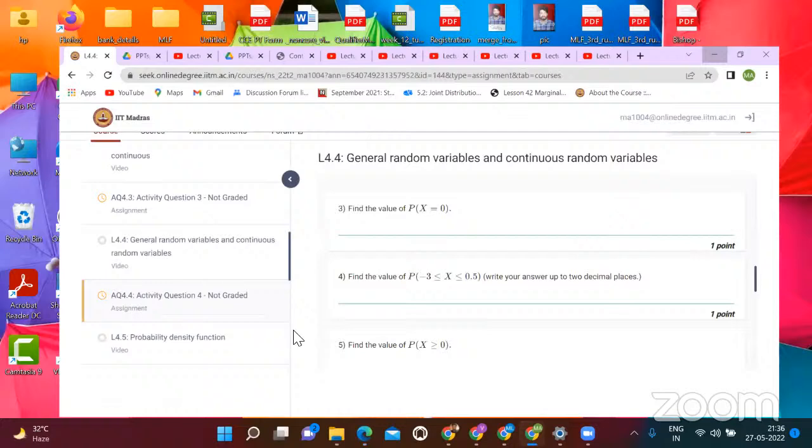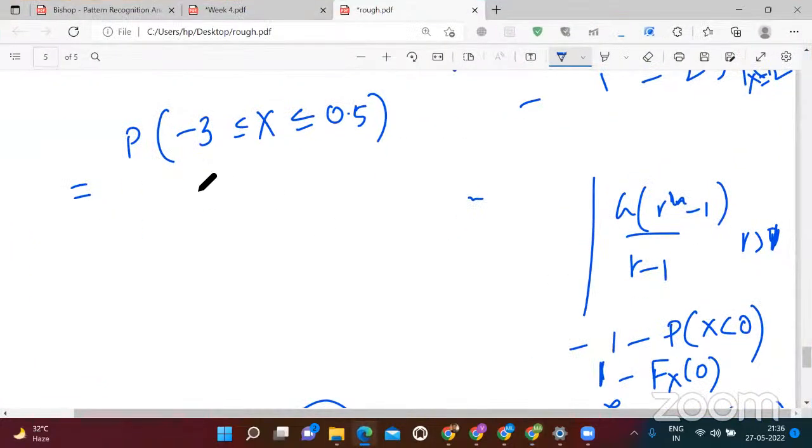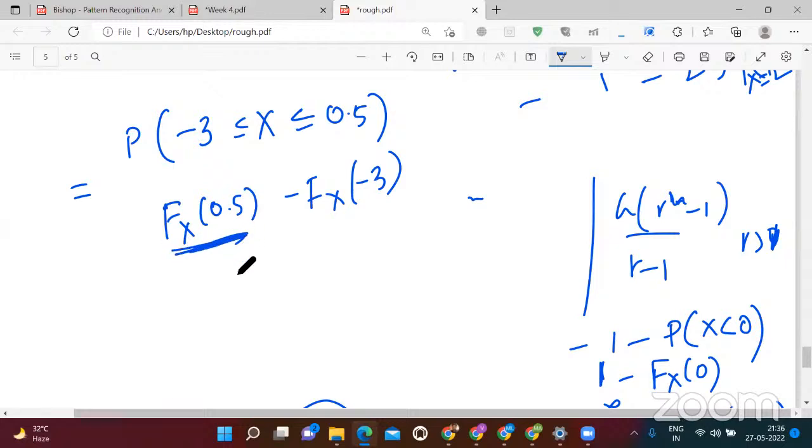Now, what can we write? We can write this one as F of 0.5 minus F of -3. This we can write. Minus 1 we can write, because from -1 onwards it's 0.